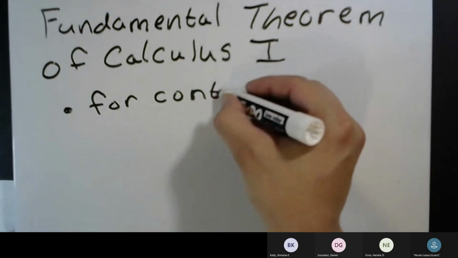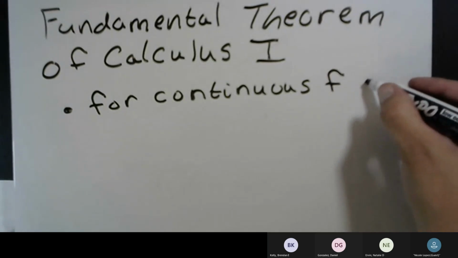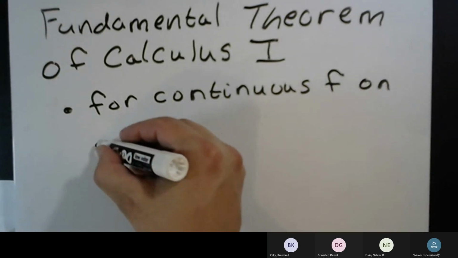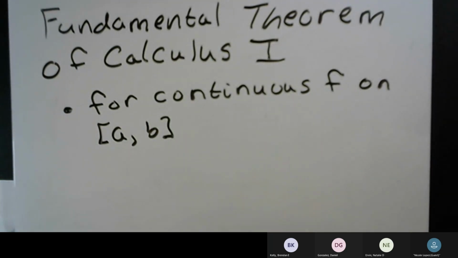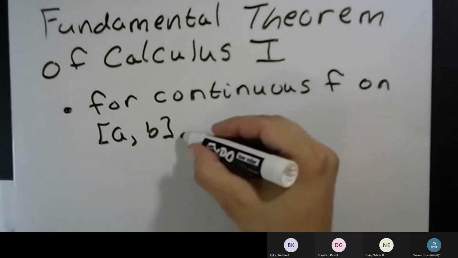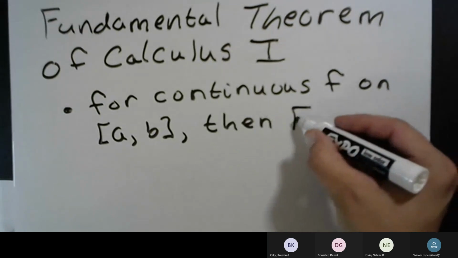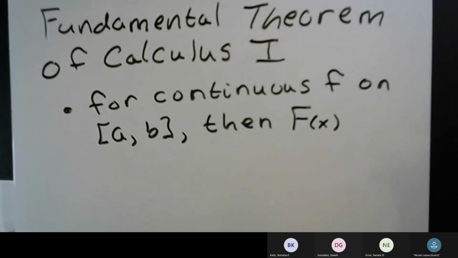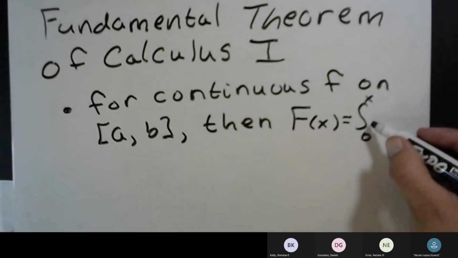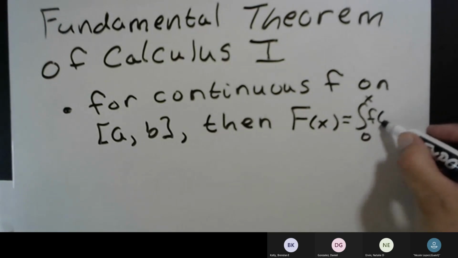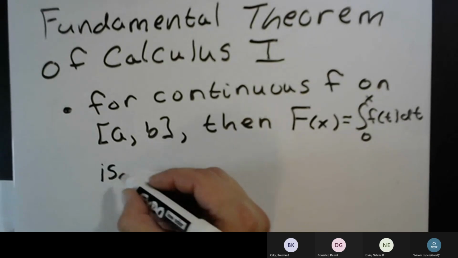For continuous f on AB, and this is where we're going to bring in our antiderivatives. This is going to be huge. Then the integral, whatever number this turns out to be, from 0 to x, f of t dt, this is continuous.